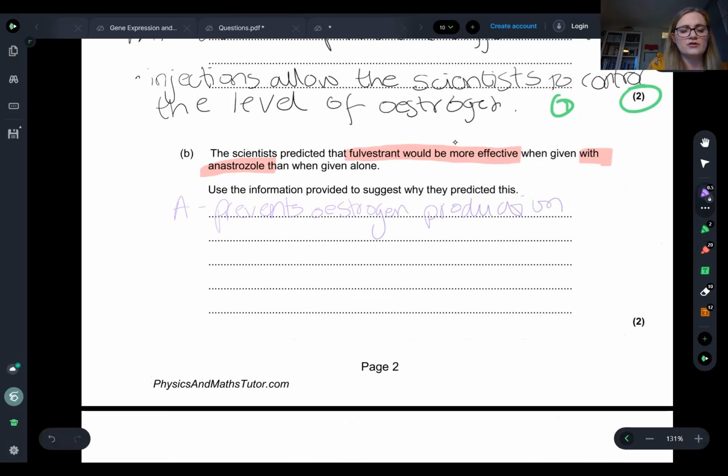And then fulvestrant stops any remaining estrogen from binding to the receptors.